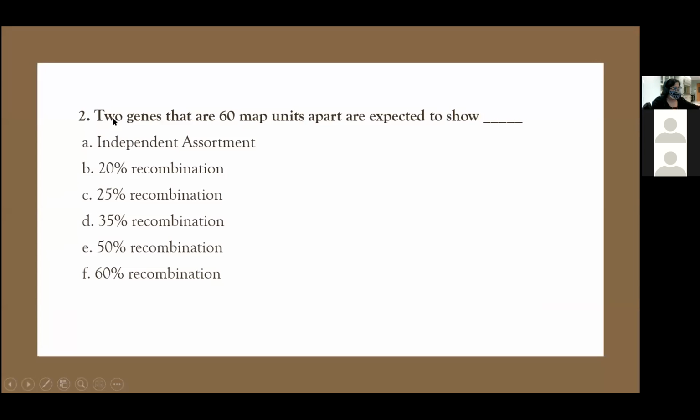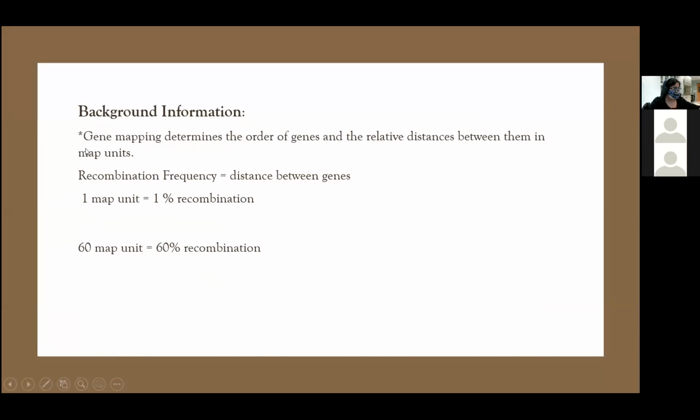So I had question number 2. Two genes that are 60 map units apart are expected to show independent assortment, 20% recombination, 25, 35, 50, or 60. So the background information: we know that gene mapping determines the order of genes and the relative distance between them in map units.